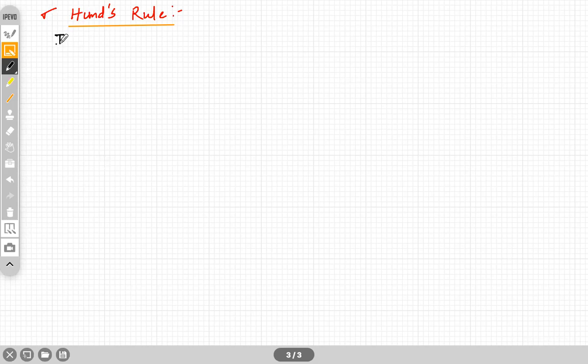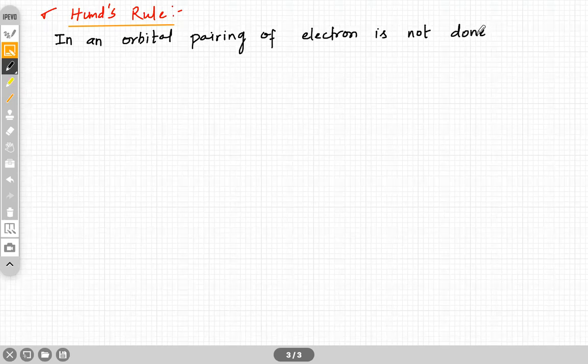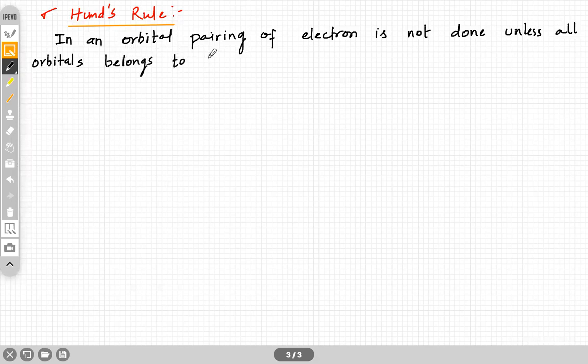The statement is: in an orbital, pairing of electrons is not done unless all orbitals belonging to the same subshell are singly occupied.